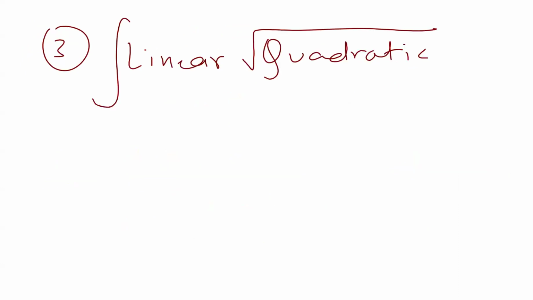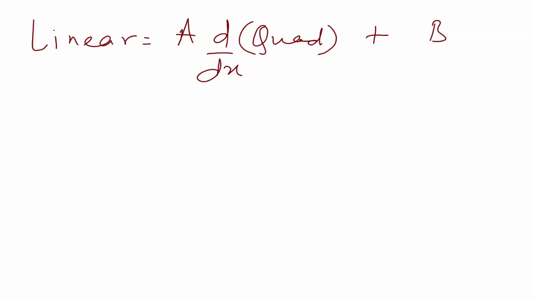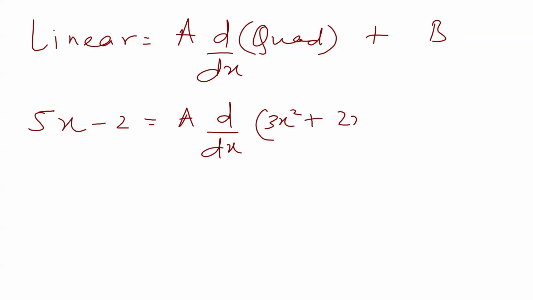And then this is the next step. Linear is equal to a into d/dx of quadratic plus b. So the linear term is 5x minus 2, equal to a into d/dx of the quadratic term 3x squared plus 2x plus 1, plus b.